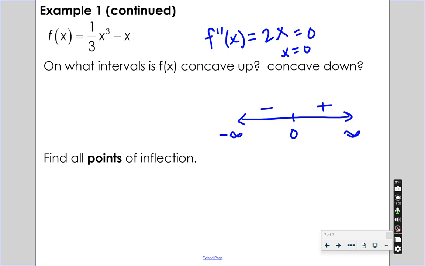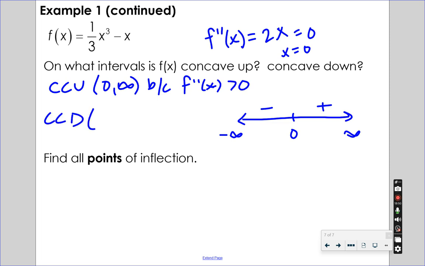Okay, so where are we concave up? 0 to infinity. My justification, because f double prime of x is greater than 0. Concave down from negative infinity to 0, because f double prime of x is less than 0.